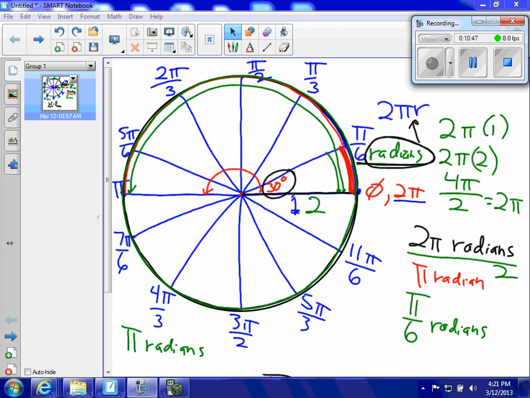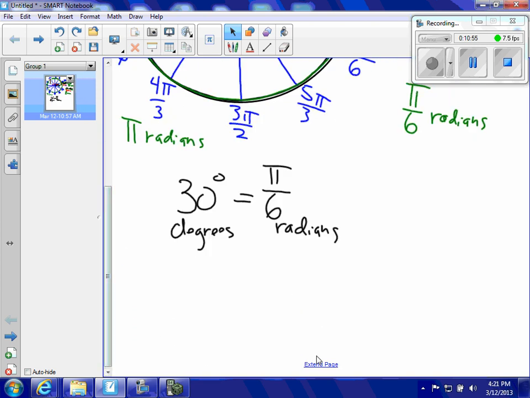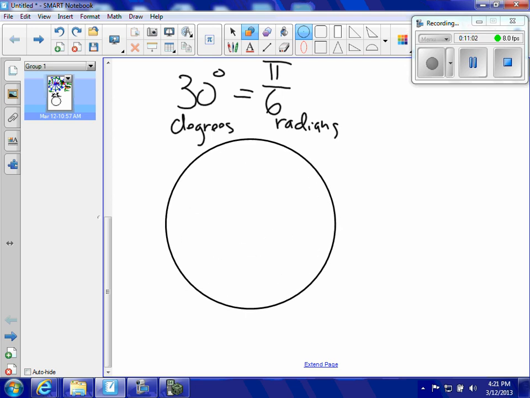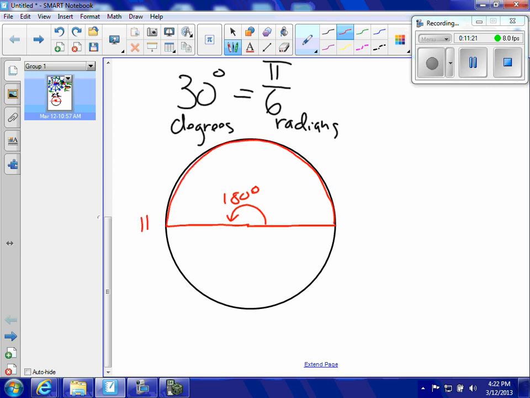Another thing that leads me to is a very easy way to change an angle from radians into degrees. Let's extend it a little bit more here. I'm going to make myself just a new circle for just a minute. I know that this angle right here is 180 degrees. And I also know that that angle there is pi radians.